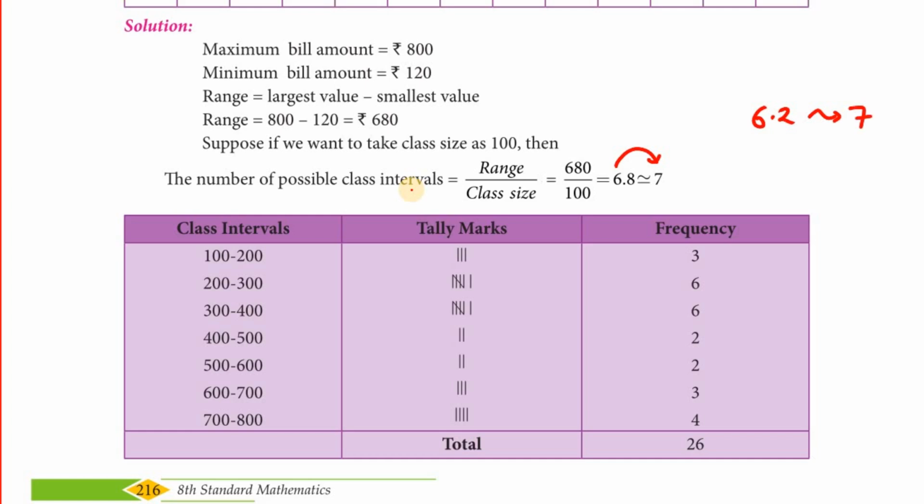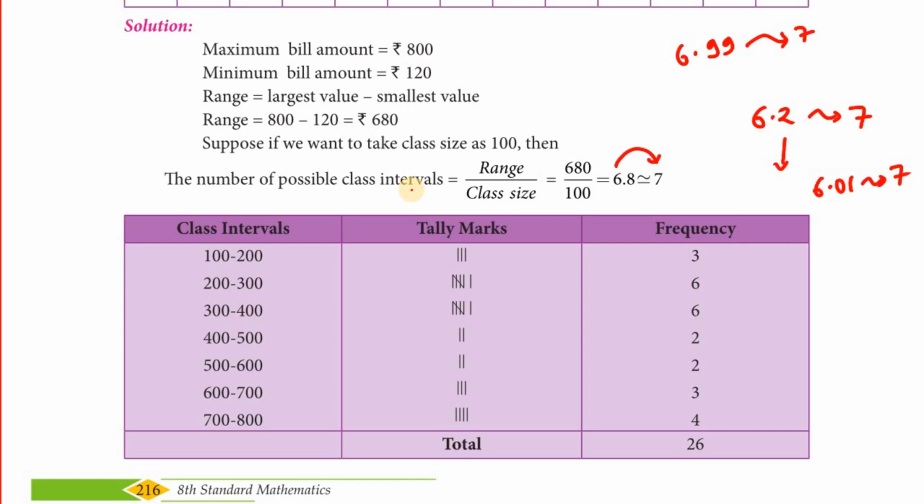Why? Because otherwise, if we take only 6, then we will be losing this data. Even if it is 6.99, again you take 7. If it's anything between 6.01 and 6.99, you take 7. That's the rule.